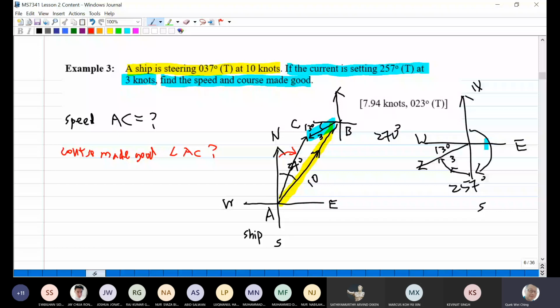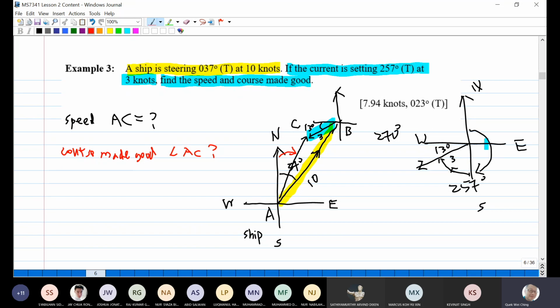Okay, first draw a triangle, the direction, the current. Then after that, figure out you need to find the speed, the length AC, and the angle. The course made good is actually the angle from A to C.